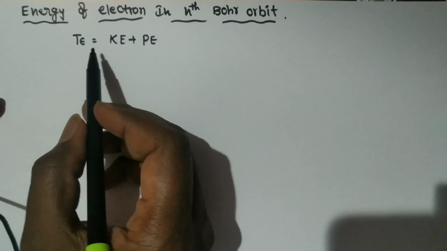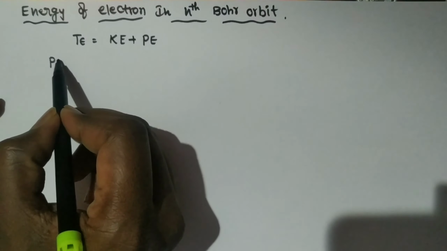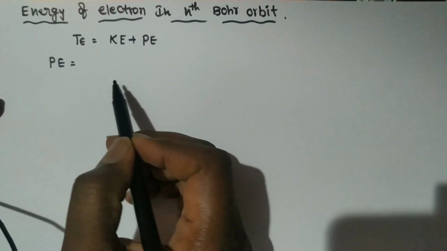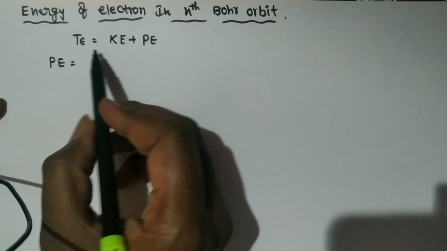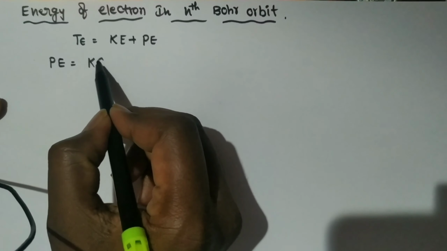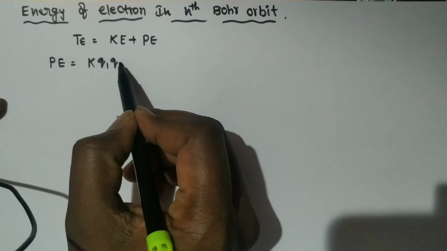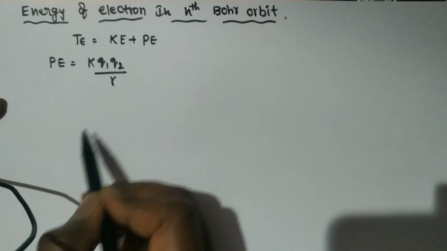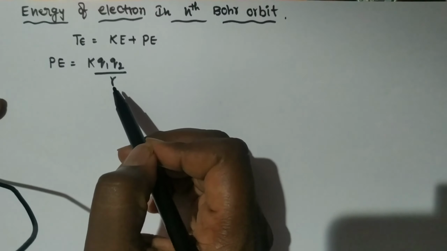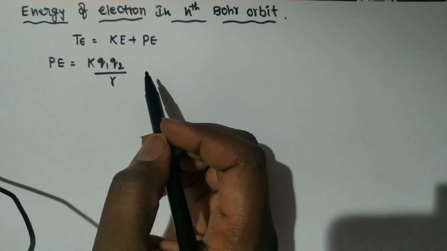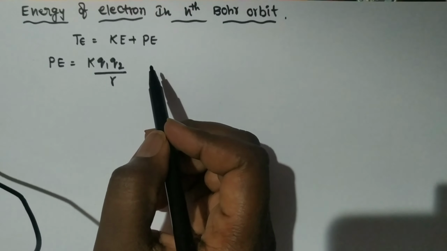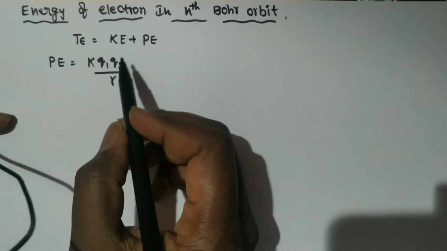Now we will see potential energy. Potential energy is K Q1 Q2 upon r. Here Q1 and Q2 are two charged bodies, one is nucleus, another one is electron.